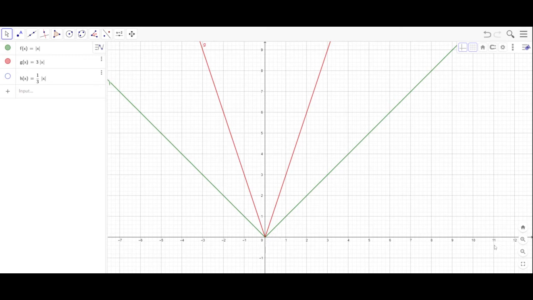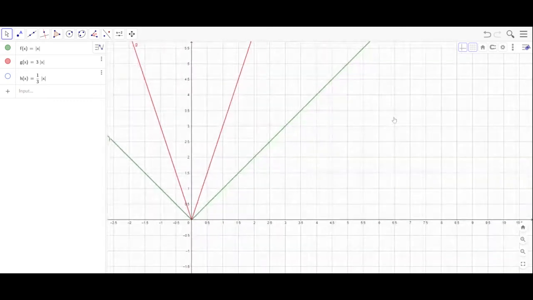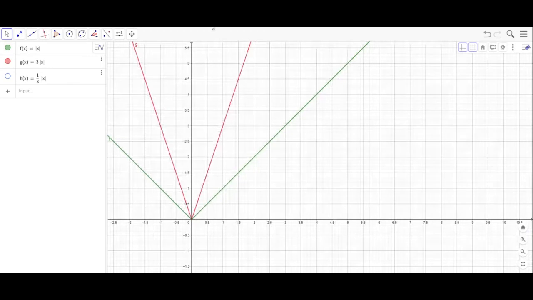Remember the rubber band example? Or I just call it a metaphor. So over here, for the absolute value function, I'm going to zoom in a little bit. For the absolute value function, as you can see, at x equals 2, y was 2.